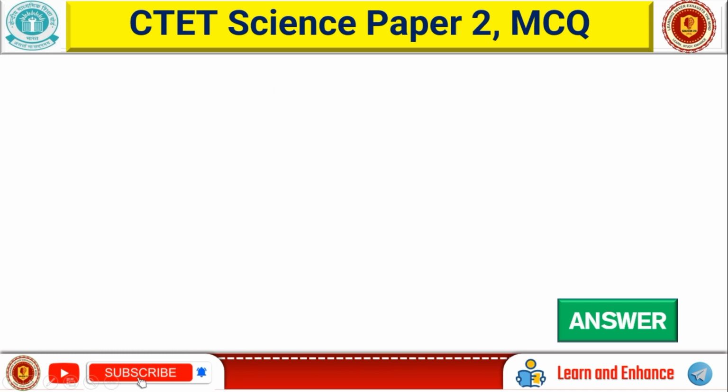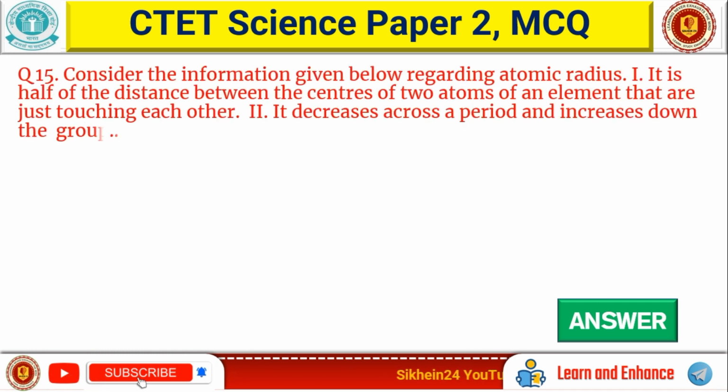The next question on your screen. Here, question number 15. Consider the information given below regarding atomic radius. First, it is half of the distance between the centers of two atoms of an element that are just touching each other. Second, it decreases across a period and increases down the group.